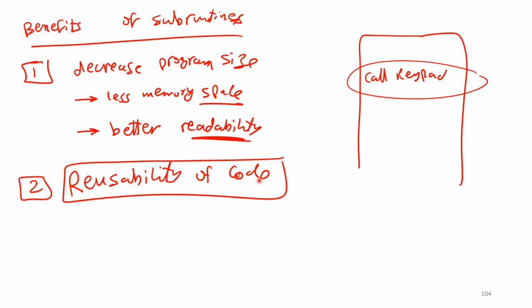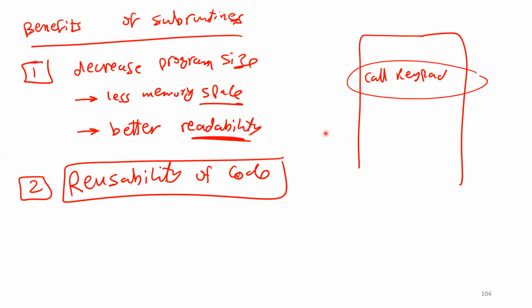In chapter 3, I'm going to teach several subroutines you can just use. One subroutine like keypad, I'm going to tell you, you can just call this subroutine. And when you call this subroutine, it is going to read the value from the keypad and give you this value. Is that okay?